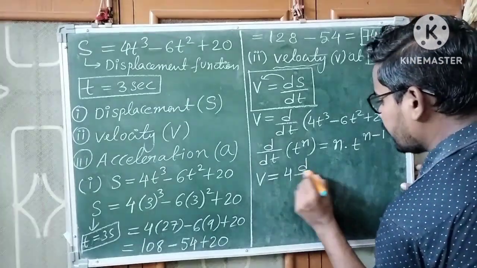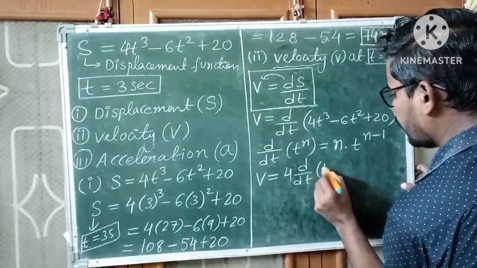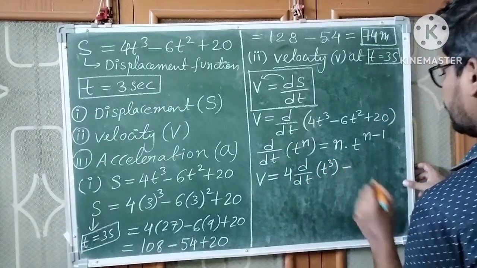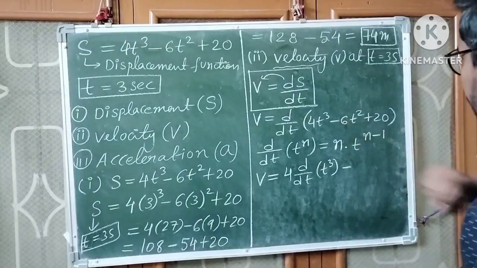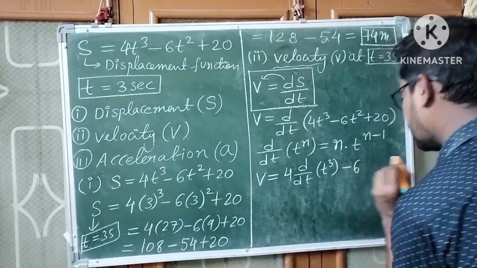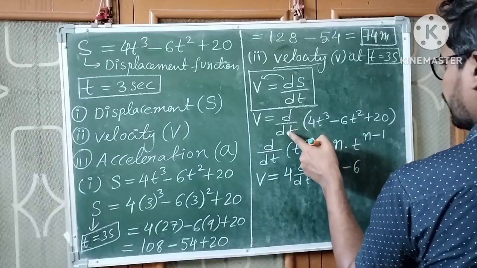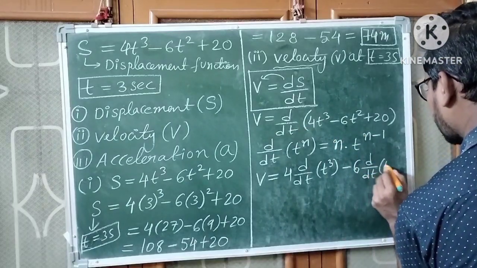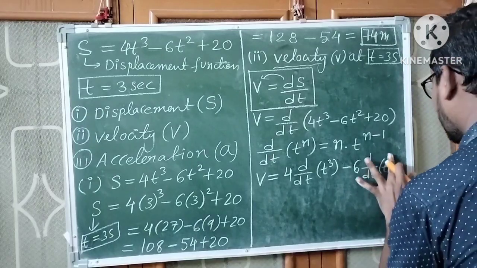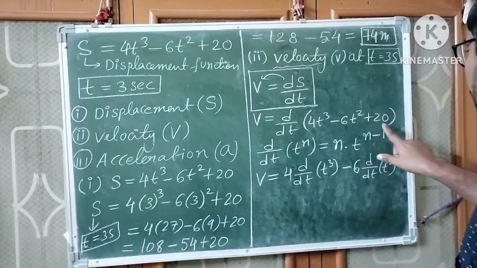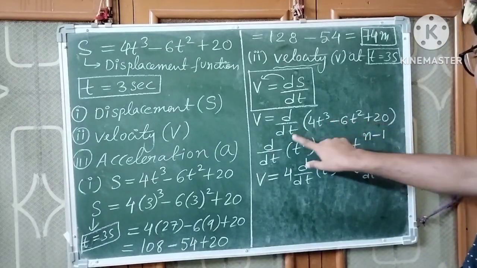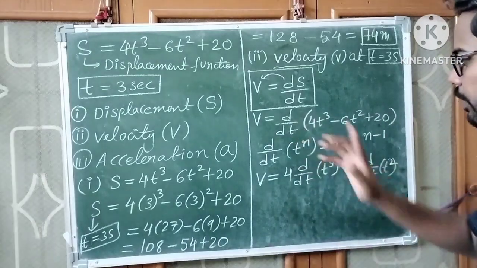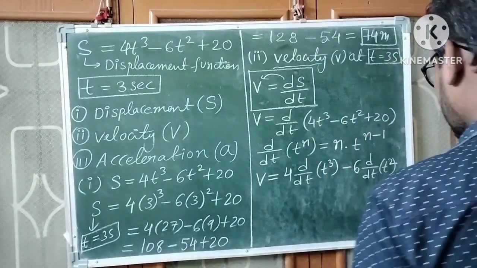Minus 6 is constant, so take out 6 as well. Remember, the derivative of a constant is 0.